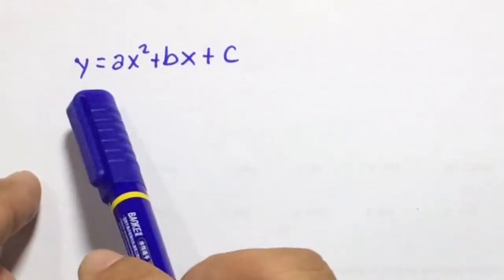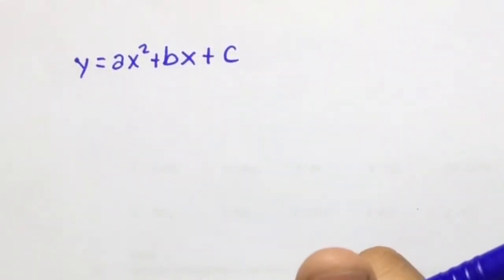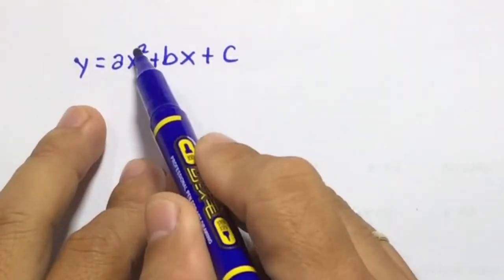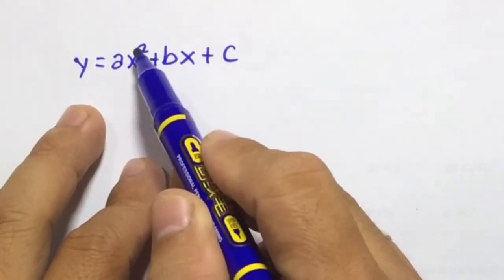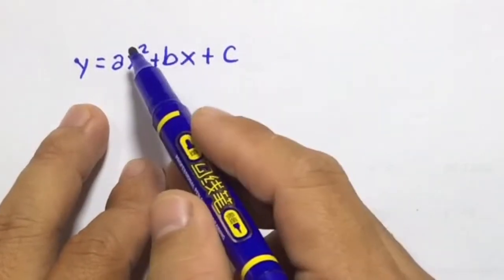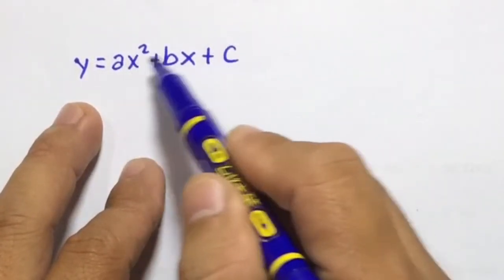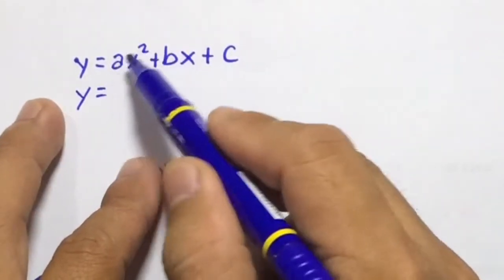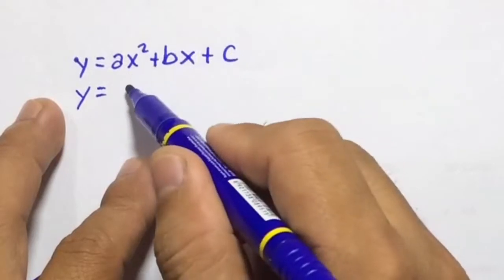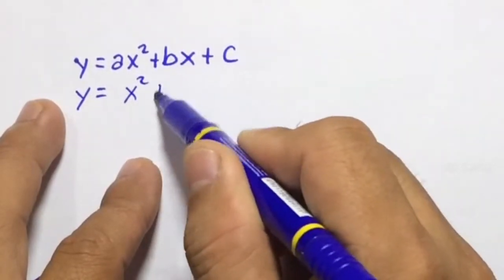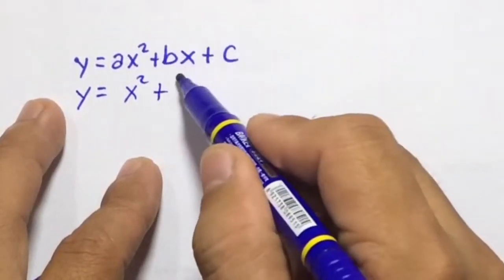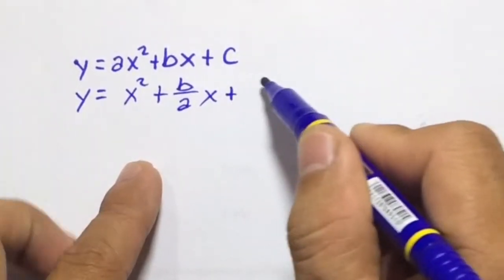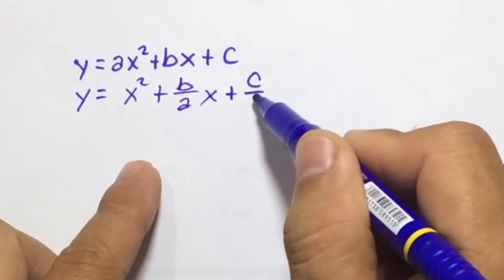Now if you're going to have the standard form of the quadratic function, y equals ax squared plus bx plus c, if we're going to make the numerical coefficient of the leading term equivalent to 1, so dividing the equation by a, we can have here ax squared plus bx plus c divided by a is x squared, then plus b over a x, then plus c over a.